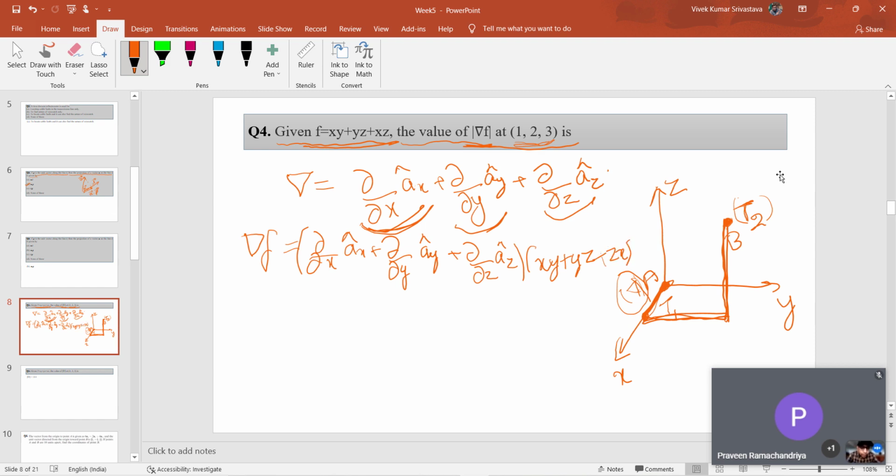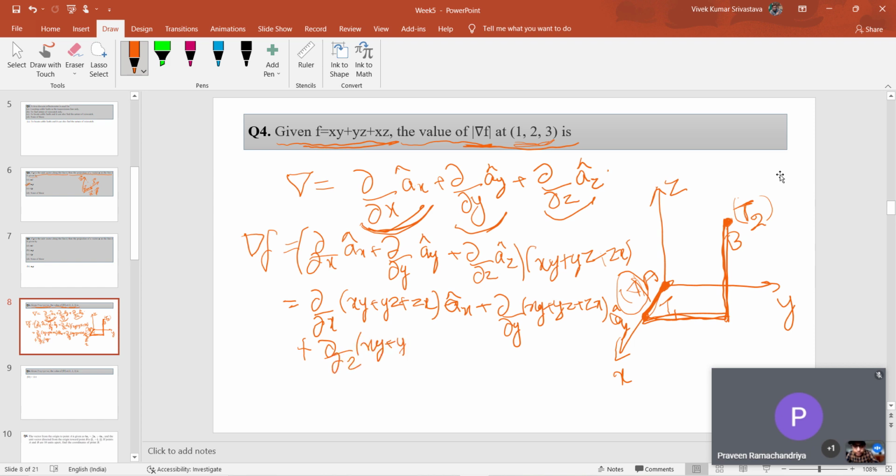Now you can distribute this function inside the del operator. So this is represented as del by del x of (xy plus yz plus zx) into ax, plus del by del y of (xy plus yz plus zx) into ay, plus del by del z of (xy plus yz plus zx) into az.